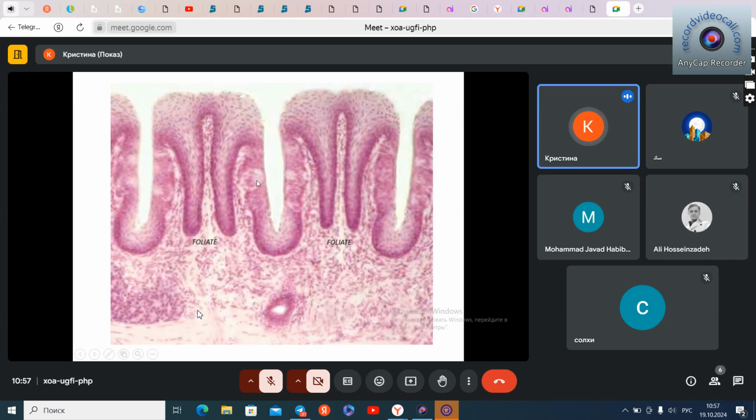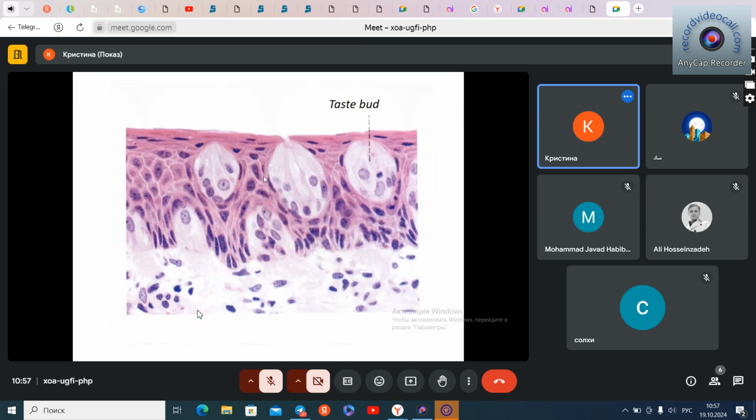In the taste buds, the cells are elongated in the direction from the basement membrane towards the surface of the epithelium. Here should be the taste pore into which the food molecules can come to the taste bud and act upon the receptors of the receptory sensory cell.